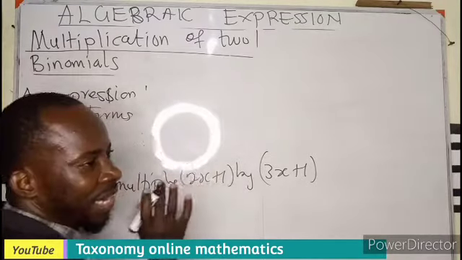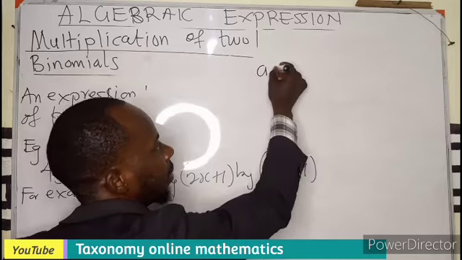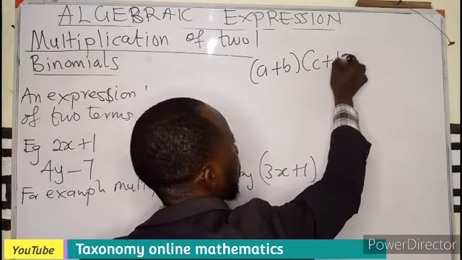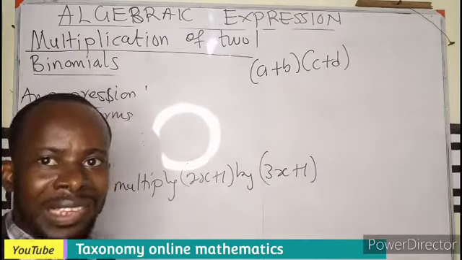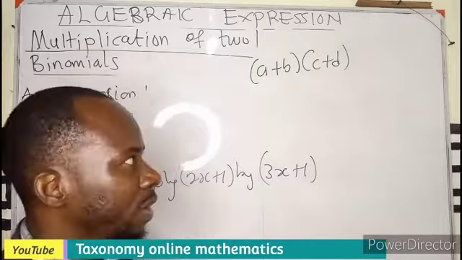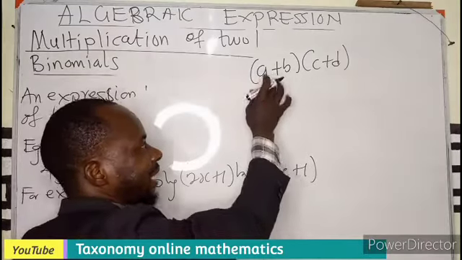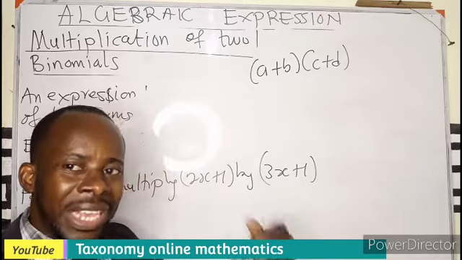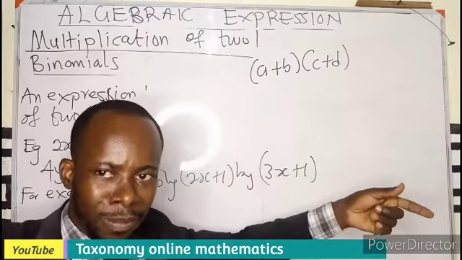Let's say, let me take a single term, A, B, C, D. What is going to happen is that each element in the first bracket will multiply each element in the second bracket.